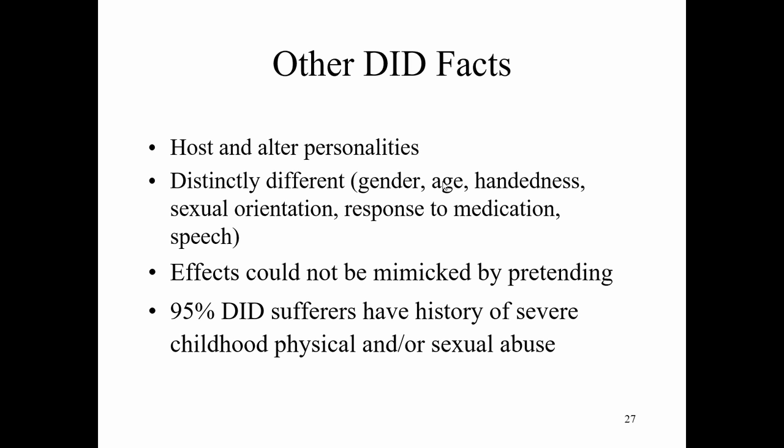These alter personalities may be aware of one another and what they are doing, although generally the host personality is unaware of the existence of the alter personalities. The person also will find that when they are in the host personality state, they will not have any memory of what they were doing when they were in alter personality states.